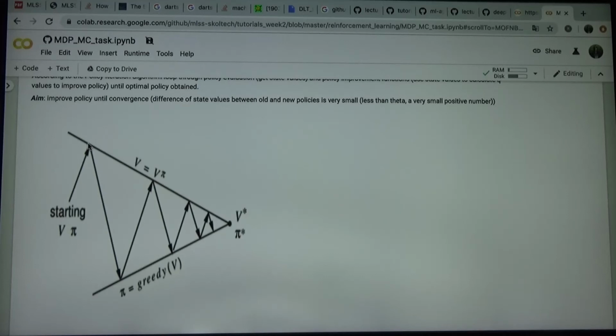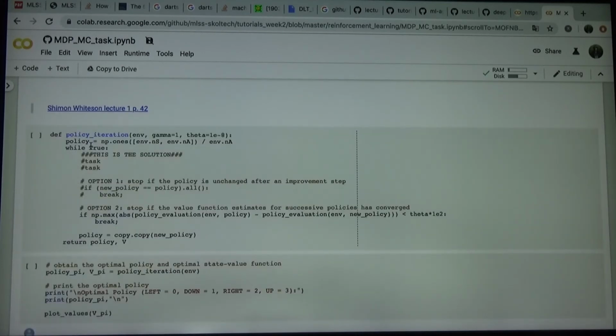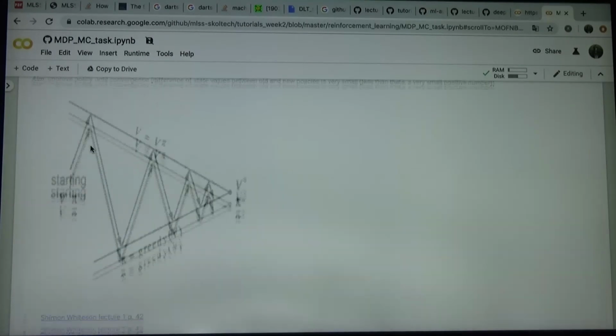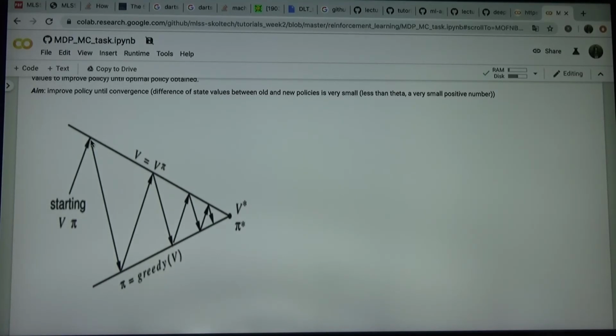We're getting somewhere here. Then we're going to be computing the Q function, but you already know that from the V function we can very easily in the MDP find a Q function.